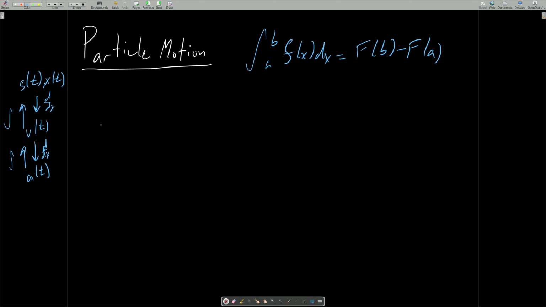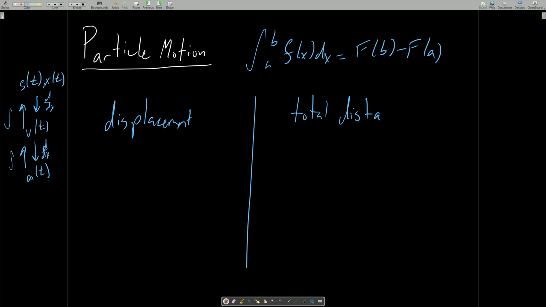One important distinction is the difference between displacement and total distance. Displacement is like the point where you start to the point where you end.